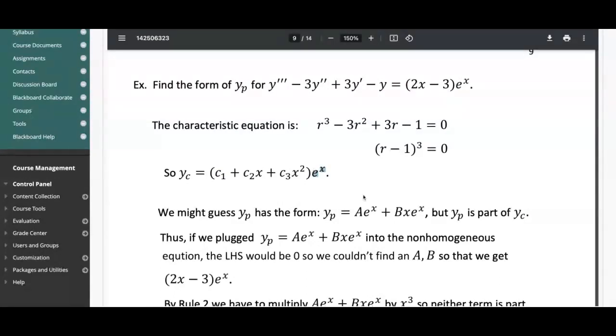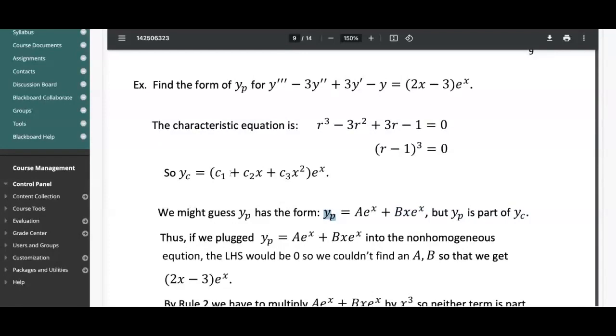You see C1 e to the x and a e to the x, right? And the C2 x e to the x and the bx e to the x. We're only missing C3 x squared e to the x.